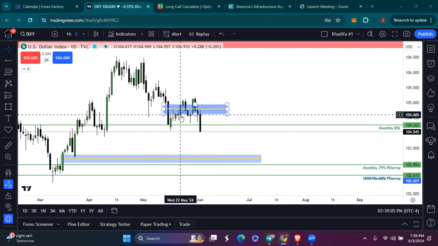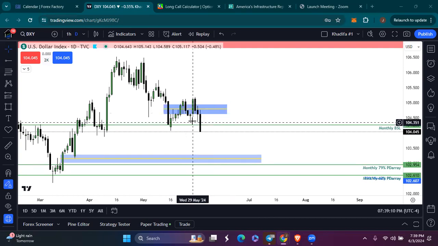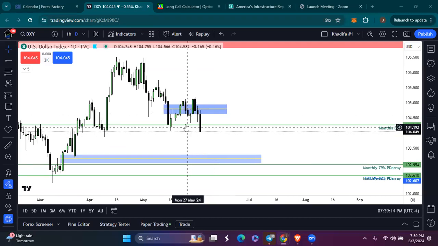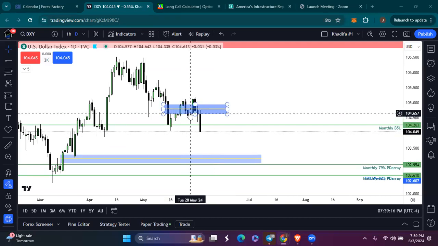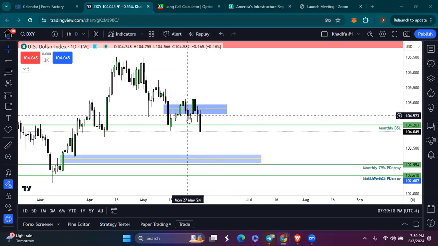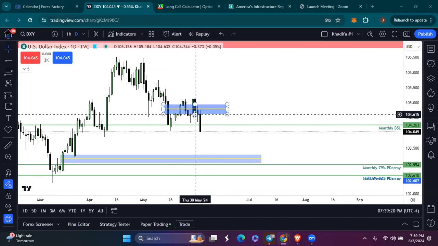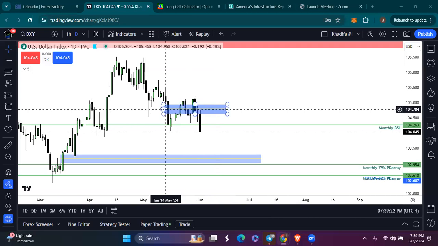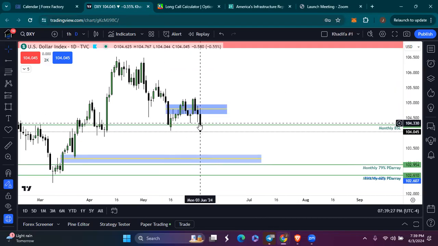Last week my bias was to the downside, so I wanted to see price show displacement below this daily fair value gap, right? We see that displacement here today.